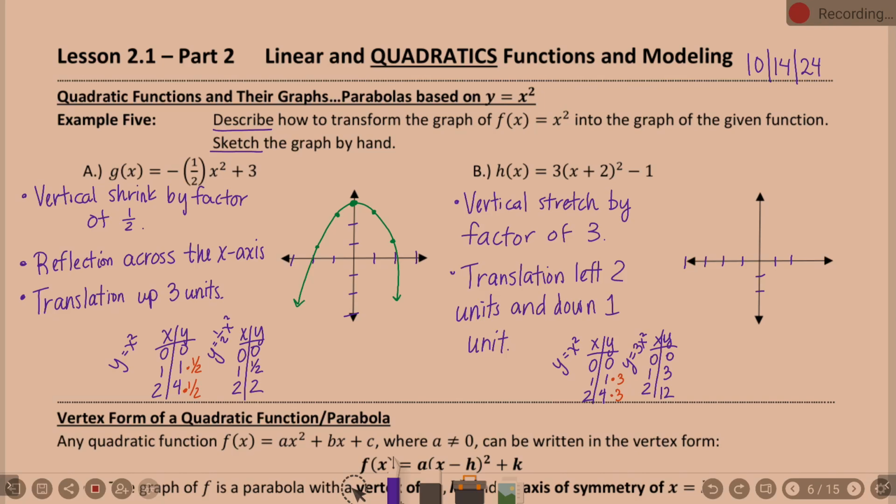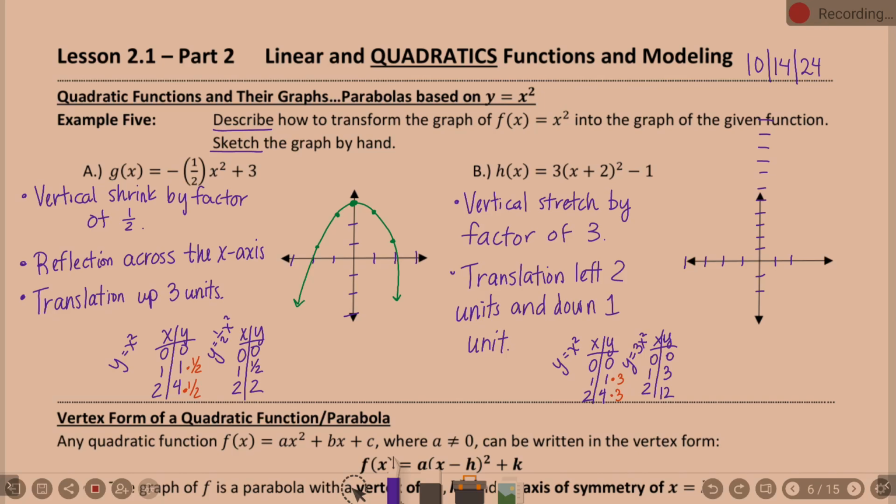I only need 11. Now, I'm not against you counting by 2s, but you have to label it. Because if all of a sudden your graph doesn't go up high enough and you didn't show me that you counted by 2s, I don't know that. Okay.